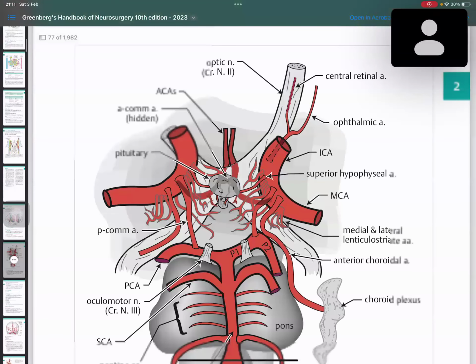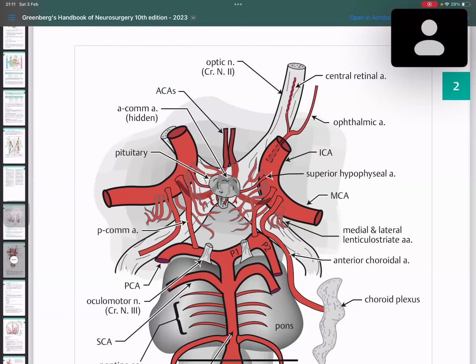Some important arteries to remember in the brain. One is the recurrent artery of Heubner, that can originate either from the anterior communicating artery, the junction, or the A1 segment.